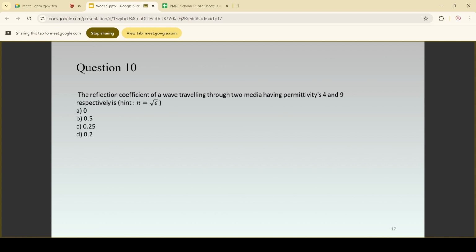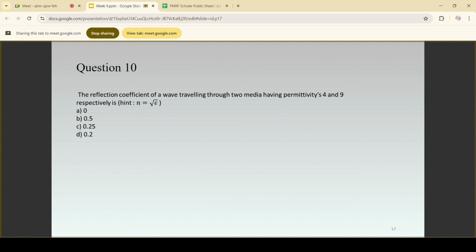R is what we have studied, N1 minus N2 over N1 plus N2, all squared. We know that N is proportional to the square root of epsilon. So we can write it down here: N1 is the square root of epsilon 1 minus N2, the square root of epsilon 2, over the square root of epsilon 1 plus the square root of epsilon 2, squared. So we have 4 and 9.